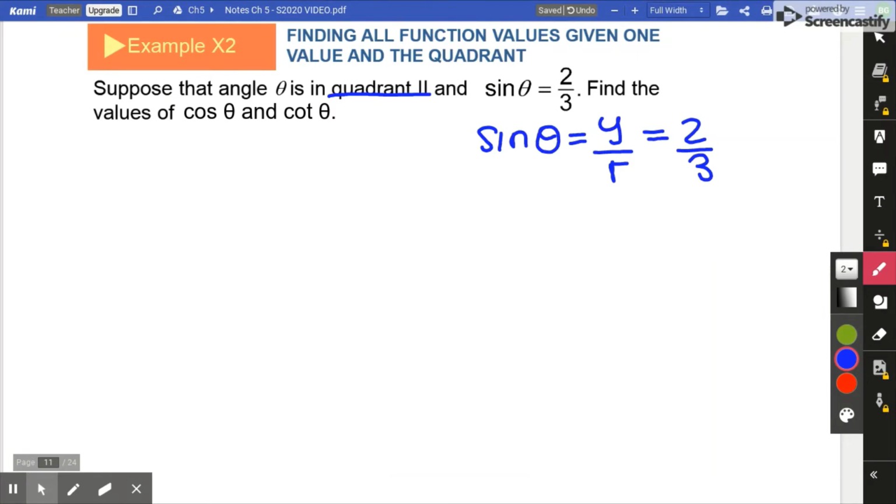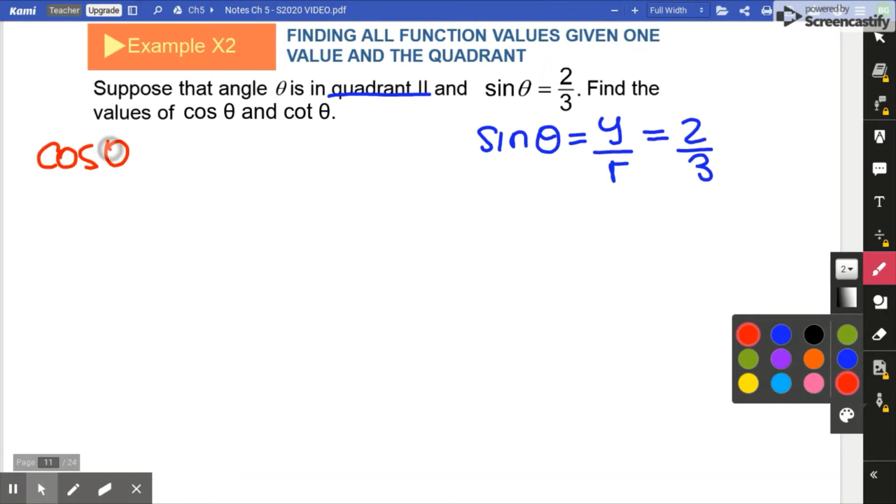If we look at cosine theta, cosine theta equals x over r, and cotangent theta equals x over y. The thing we're missing there is that x value.